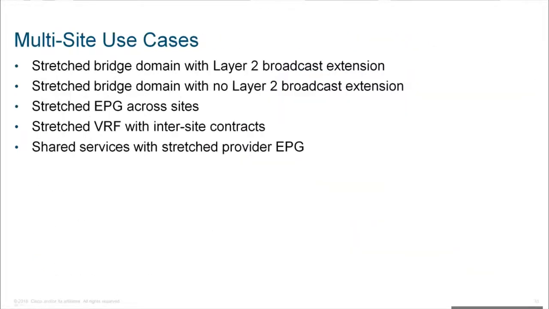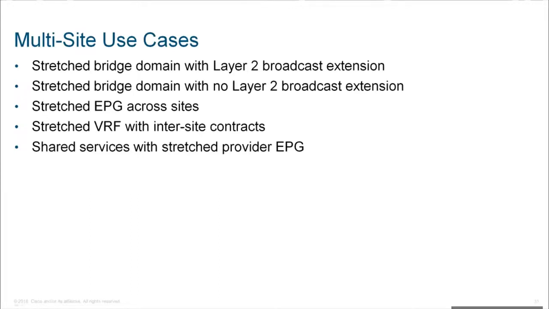So what are my use cases? It could be a stretched bridge domain with a broadcast extension. That means I enable flooding across that bridge domain, a layer 2 flooding. Okay. The second one is I have a stretched bridge domain where I don't enable a flooding option.